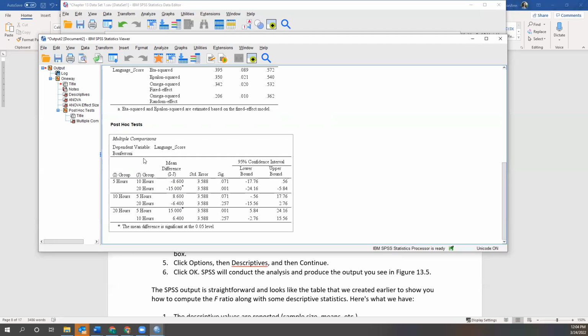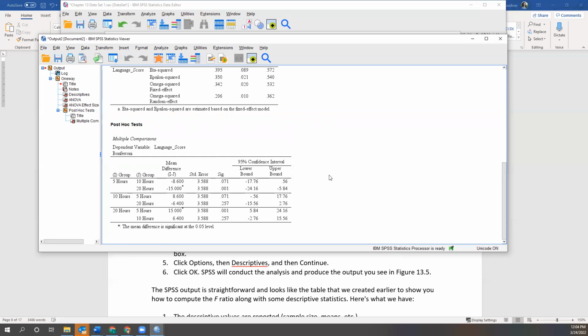Okay, so I would report my post hoc saying that there is a significant difference between preschoolers who spend 20 hours and those who spend 5 hours. I would put mean difference of, I would put M and then a capital D subscripted equals 15, comma, p-value 0.001 in parentheses.